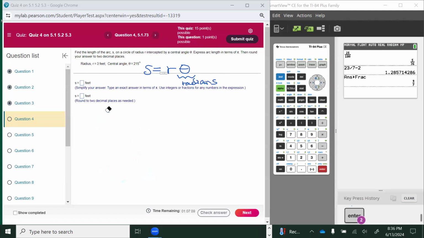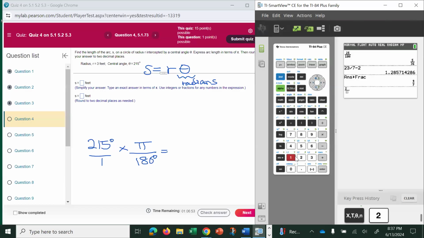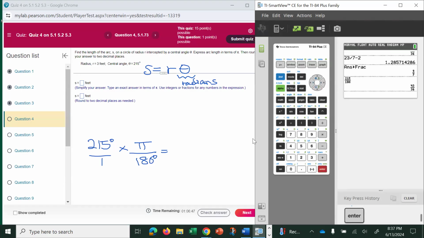First, let's convert 215 degrees into radians. How do we do that? We multiply it by pi over 180 degrees. I'm going to go to my calculator again and do 215 over 180. That's going to give us 43 over 36 pi.